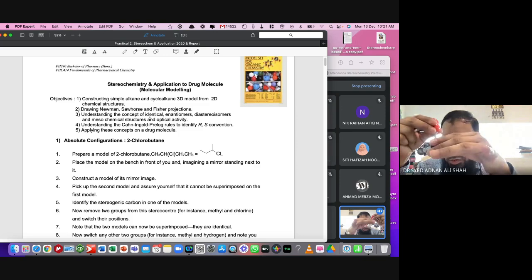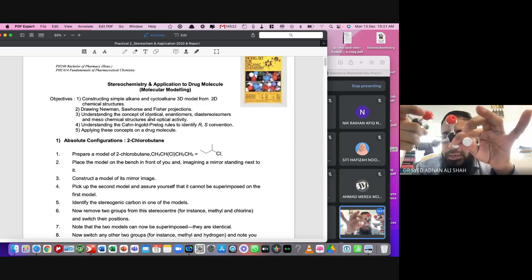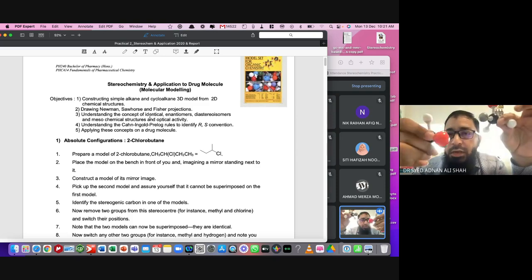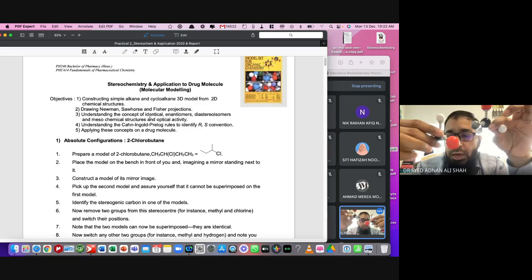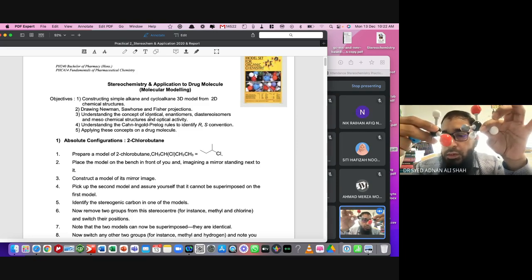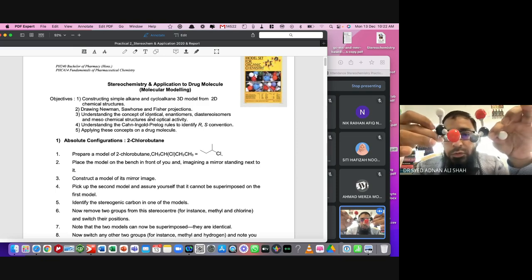But these two similar atoms make this carbon achiral, not chiral. So chirality means all four atoms attached to the carbon are unsymmetrical or different groups. So here you have the concept of chiral carbon clear.